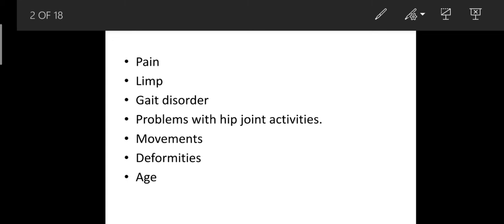Problem with hip joint activity: the patient can present with inability or difficulty in sitting, squatting, or walking. The reason could be painful muscle spasm, joint adhesion, or arthritis.